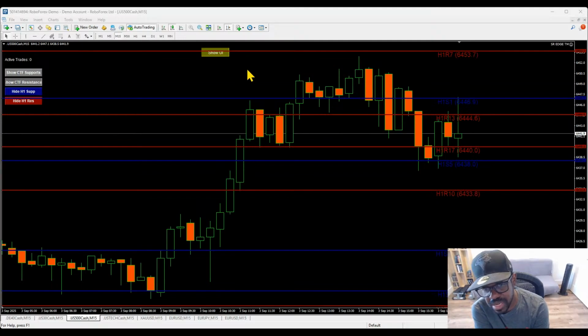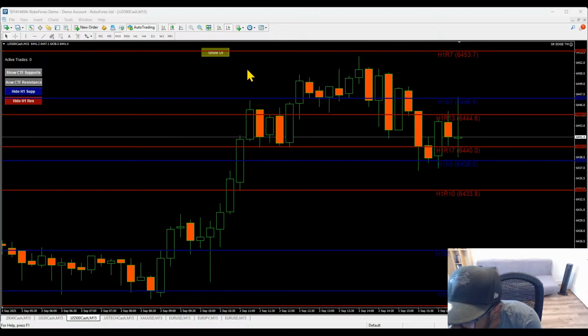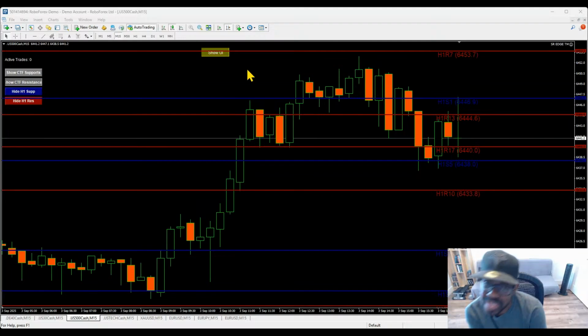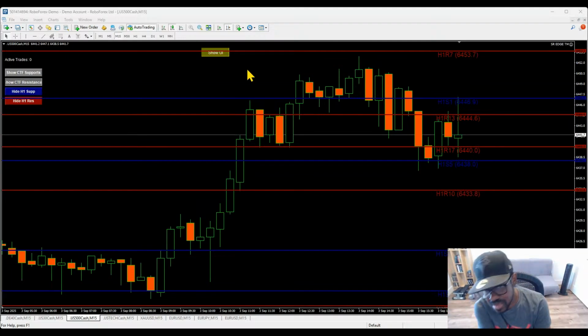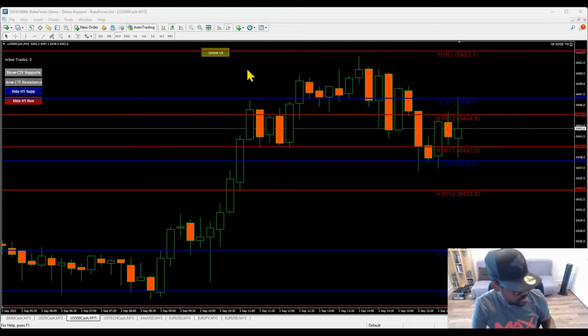It shouldn't take that long to convert it to MT5 because it's already done on MT4. It's only a few coding things that need to be done to have it working on MT5. Yeah, exactly. It's an EA, but it's only an indicator or trade manager. All right.